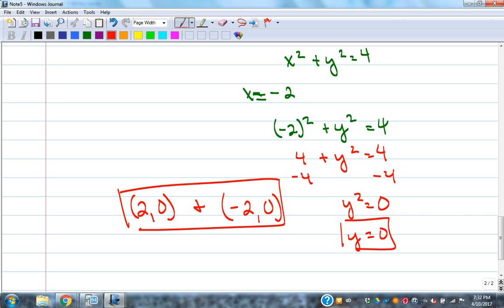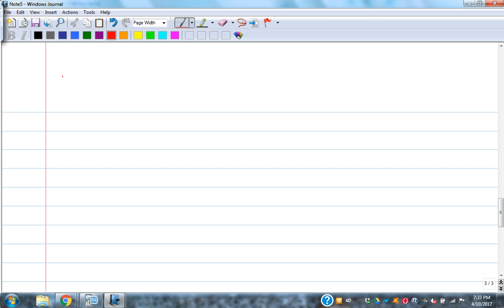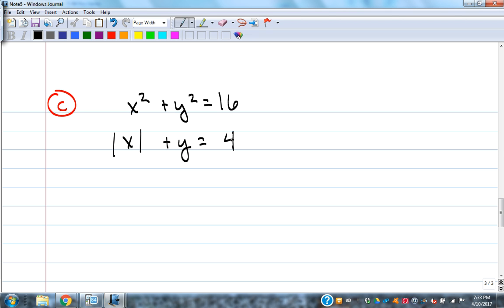All right, let's do this one. All right, here's our equation. X squared plus y squared equals 16. The second equation has absolute value of x plus y equals 4.